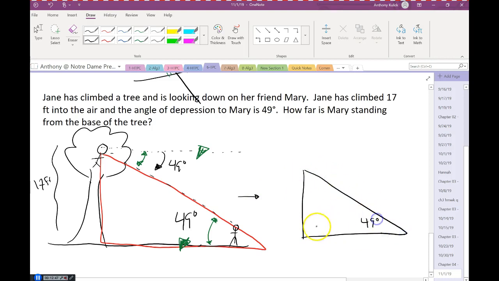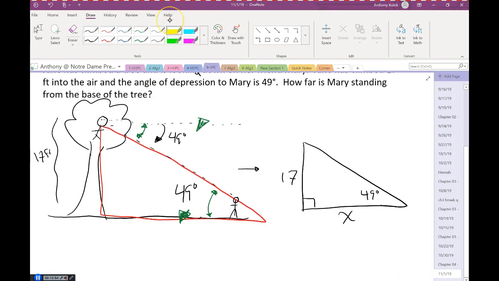Well, it's going to be the angle you know something about. So if we draw this into a triangle now, we're going to start with the angle that we know something about. And then relative to that angle, the 17 is opposite, adjacent, or hypotenuse?